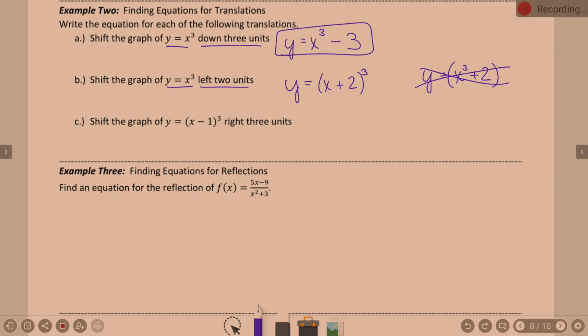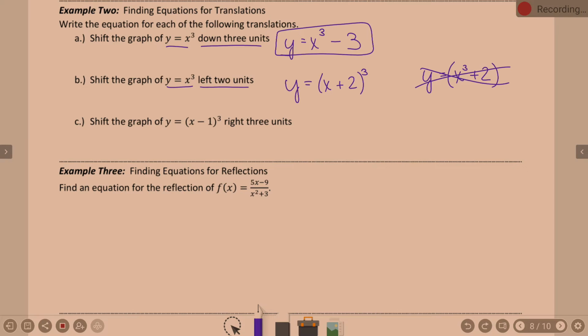Okay? So the plus 2, to indicate left 2, needs to be in the parentheses with the x, but whatever the function is outside of that. So in this case, it was a power, but whether it be absolute value or power or whatever. And we are only going to throw in absolute value when it's an absolute value function. Okay?